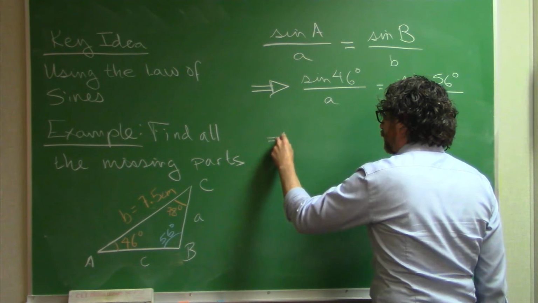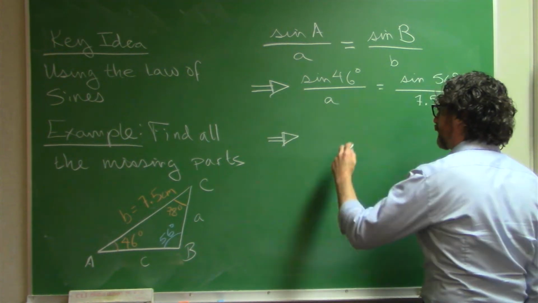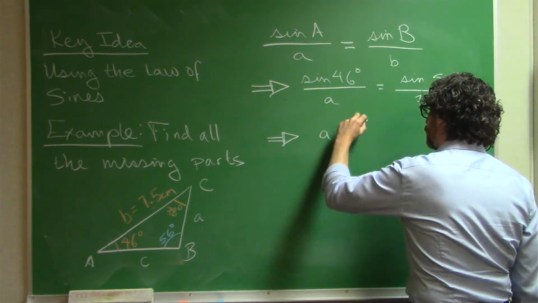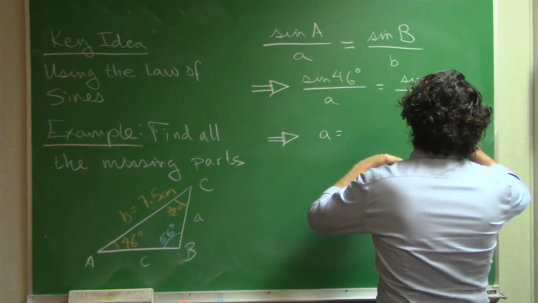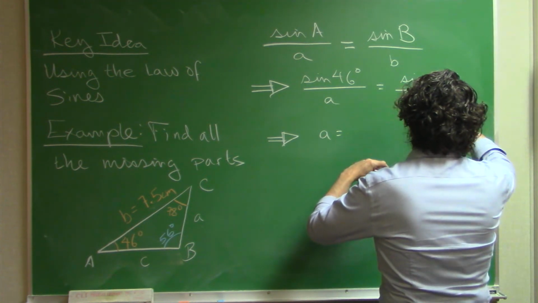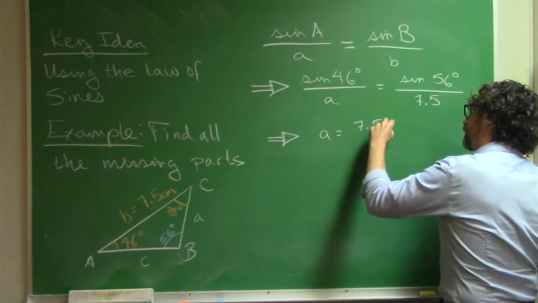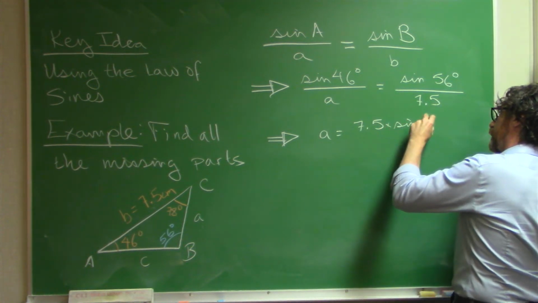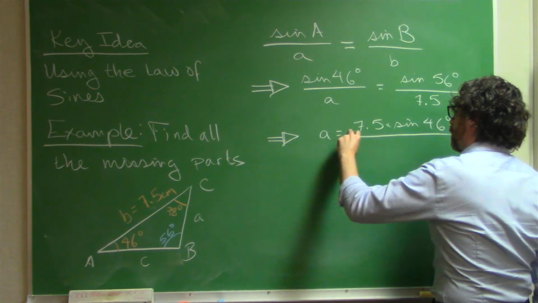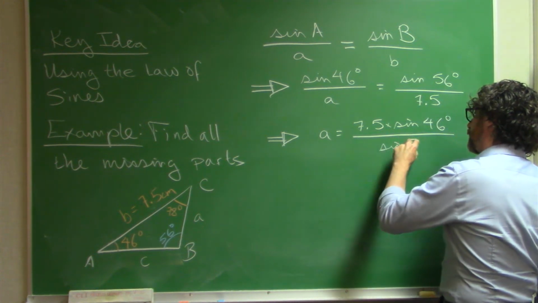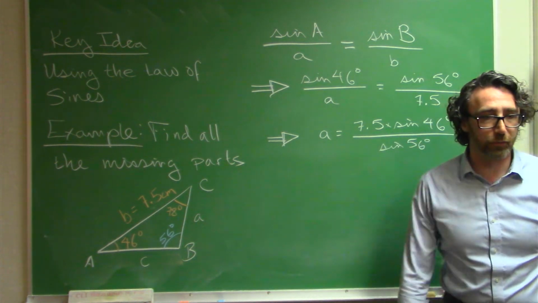All right, so we solve for A. We get that A equals, multiply that over, divide that out, 7.5 times sine 46 degrees over sine 56 degrees.